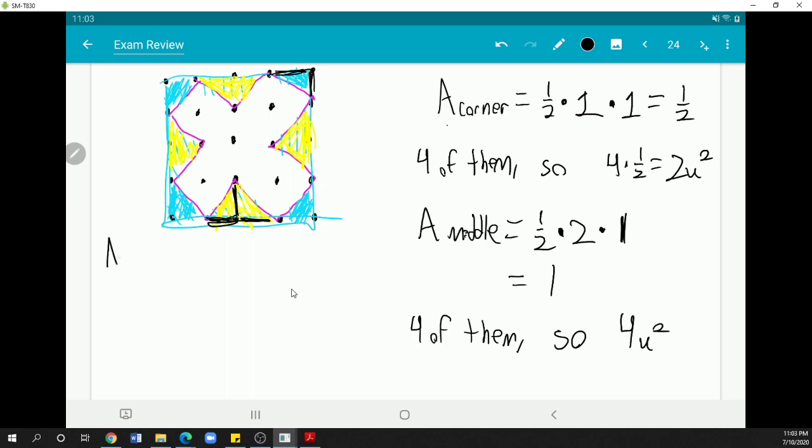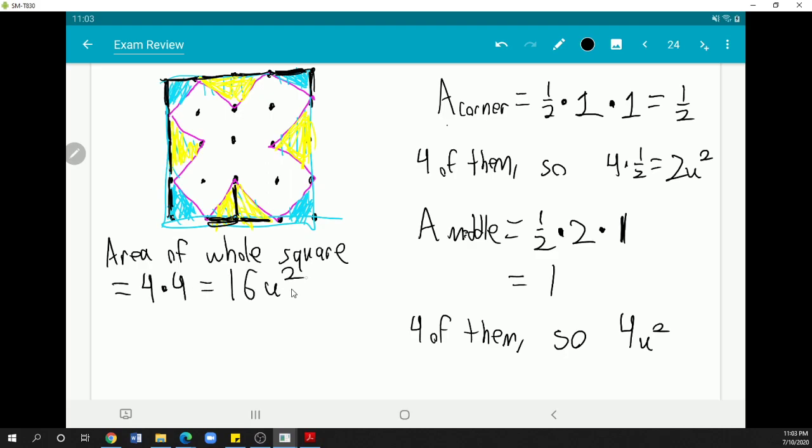And then finally, area of whole square equals 1, 2, 3, 4 by 1, 2, 3, 4. 4 times 4 equals 16 square units.